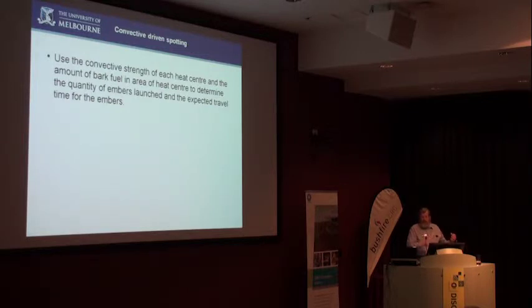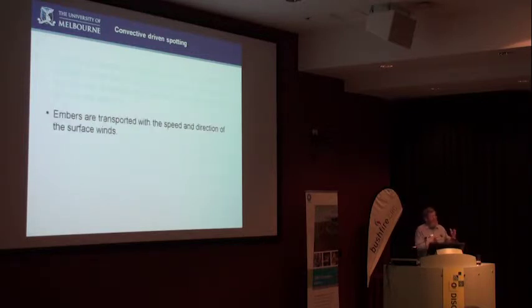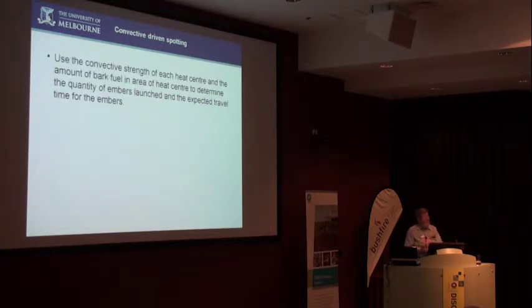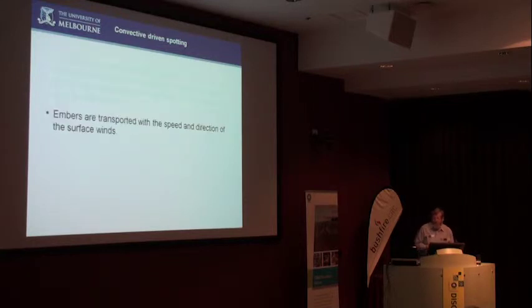Then we look at the amount of heat that's coming out from that convective centre and work out a travel time, how long it's going to be buoyant in the air for. That gives us a hang time, as Derek calls it. He's a bit of a water person. The embers are then transported according to the speed and direction of the surface winds, which we know is not really right.